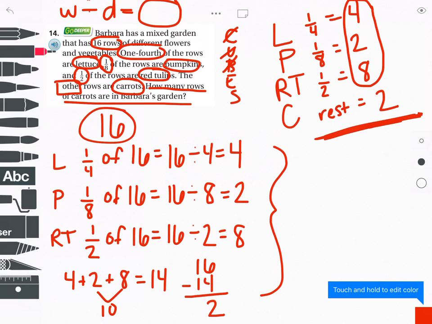Well, let's see. 8 and 2 would be 10. 4 and 2 would be 6. If I add my 10 and my 6 together, I end up with 16 total rows. So I know my answer is reasonable. I hope that helps.